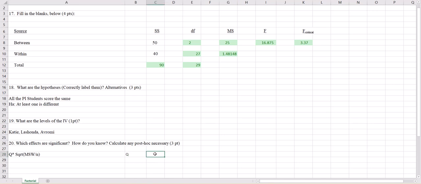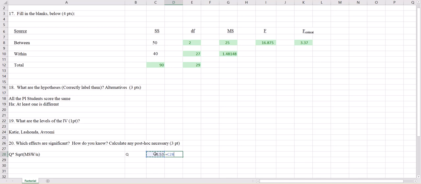Our Q in this case is going to be the number of means, which will give us the column, which is 3, and the degrees of freedom within, which is 27. And so we're going to go back to 24. So we're going to end up with 3.53. And so we're going to do the math.